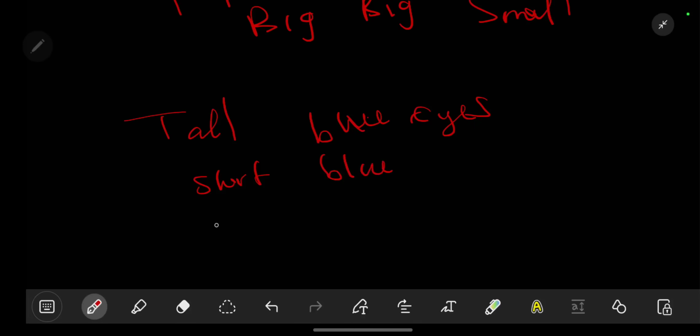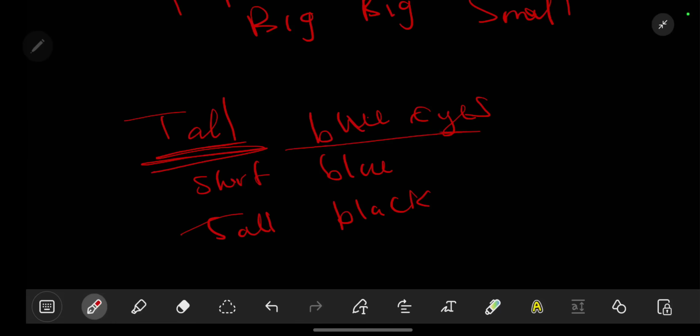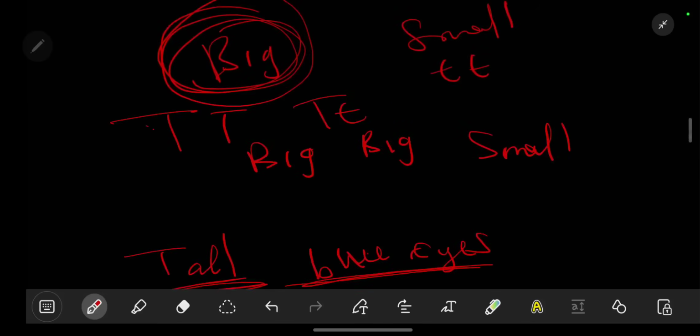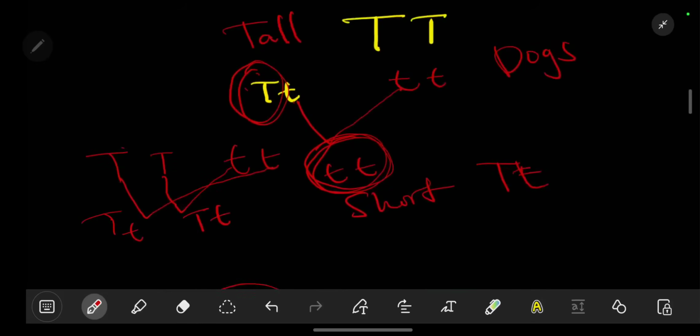They are not linked. Someone can be tall but have black eyes. So that means these are not linked. The possibility of having one trait is totally independent of the probability of having another.